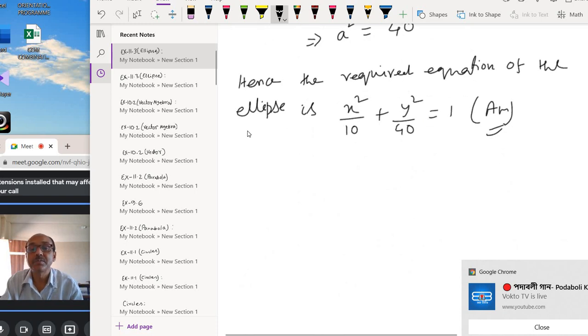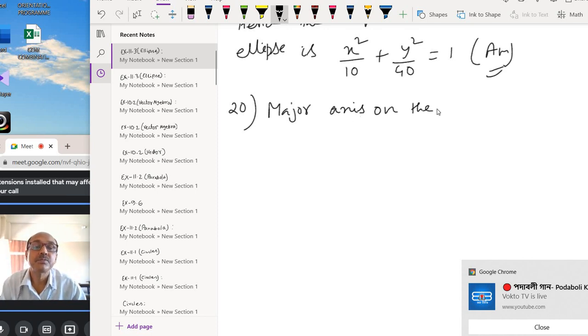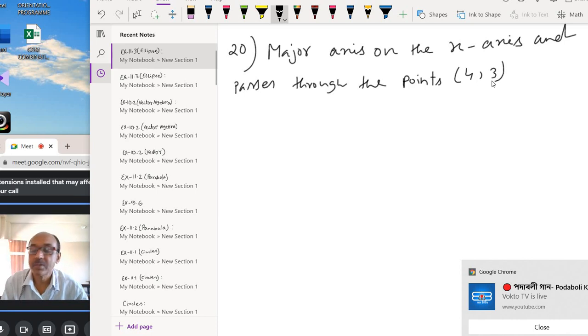Okay. Next question number 20. Question is major axis on the x-axis and passes through the points 4, 3 and 6, 2.